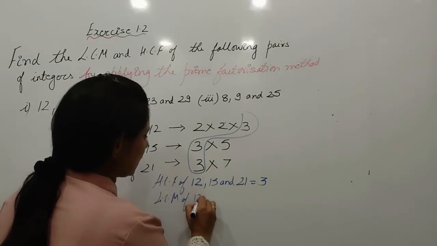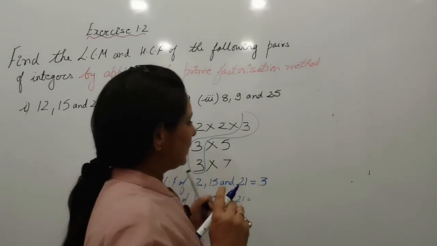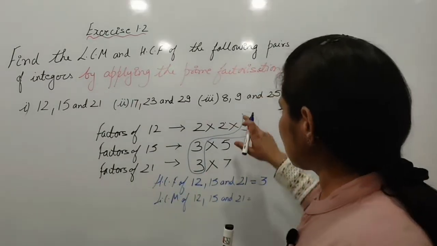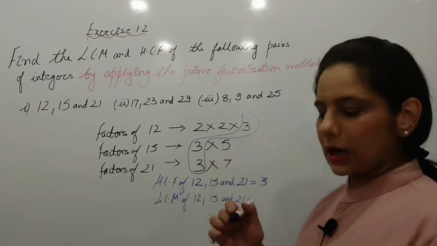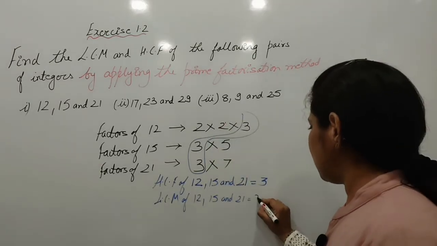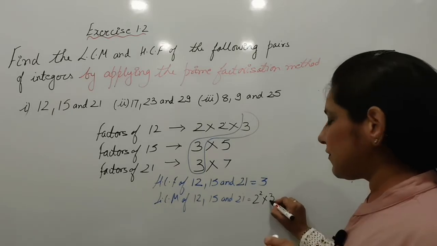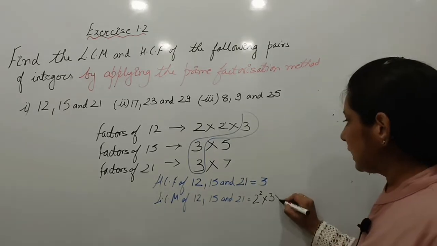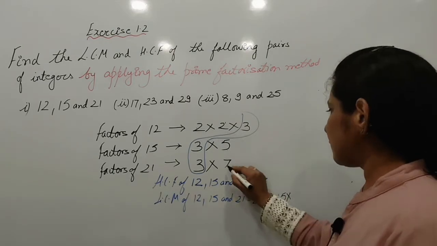LCM of 12, 15 and 21. Let's see. We know that the common factor is 3, so it will be written once. We need to see other factors. So other factors are 2 into 2, so we will write 2 square. We have 3 as one common factor, so we will write 3. And then we have 5, and then we have 7.